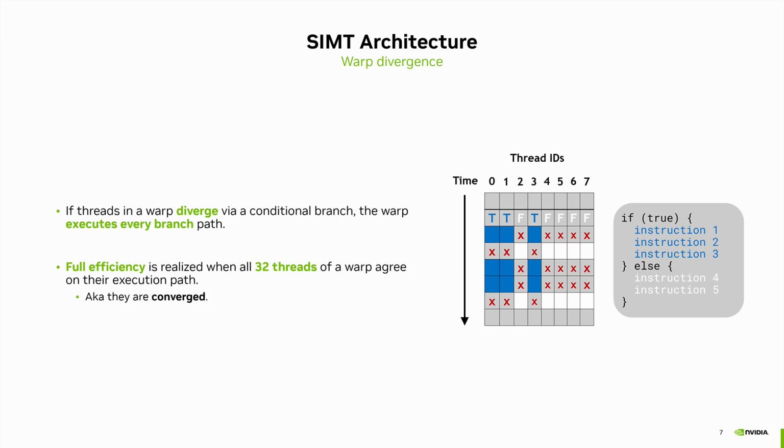Correspondingly, whenever we have instructions from the white path, the rest of the threads are active and threads 0, 1, and 3 are deactivated. Of course, in order to achieve full efficiency, we want all 32 threads to be converged, so we want them to agree on the execution path.